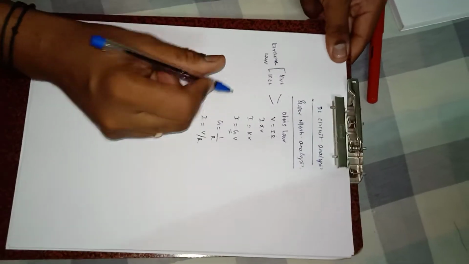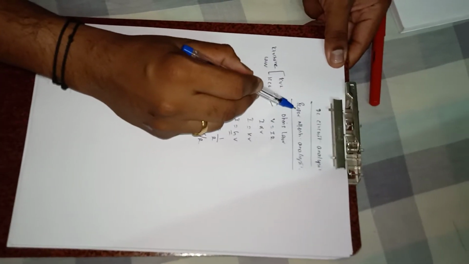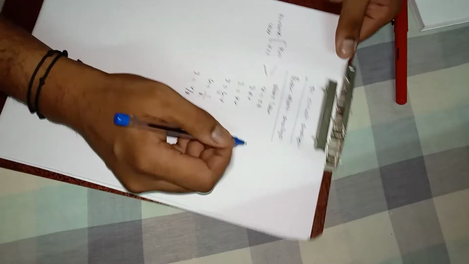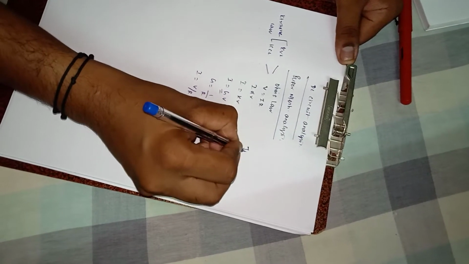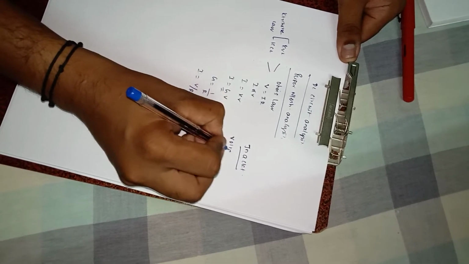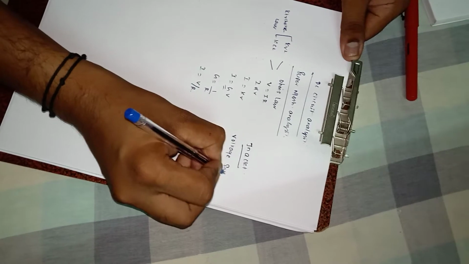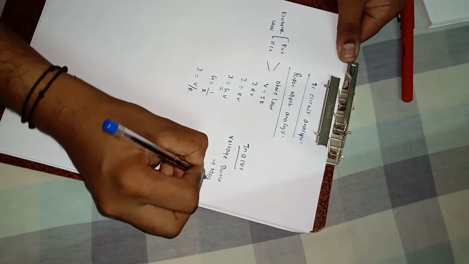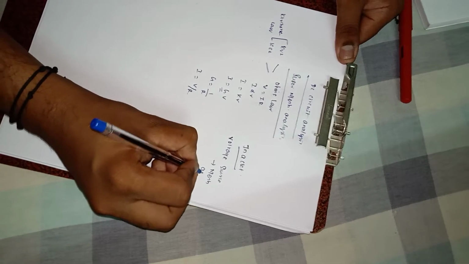So when we see into the analysis, super mesh analysis, what is it? For example, in a circuit, if we have a voltage source, then we may use mesh analysis to find the loop currents.